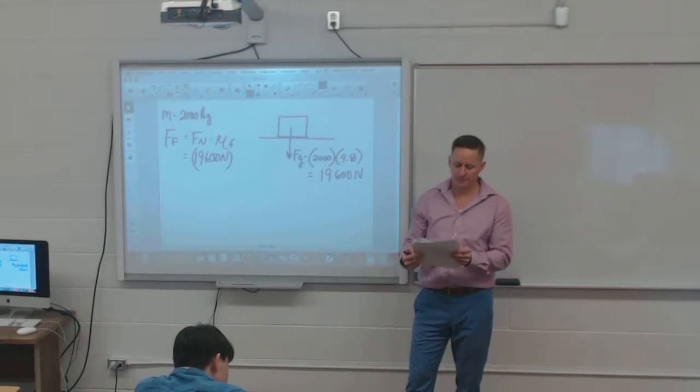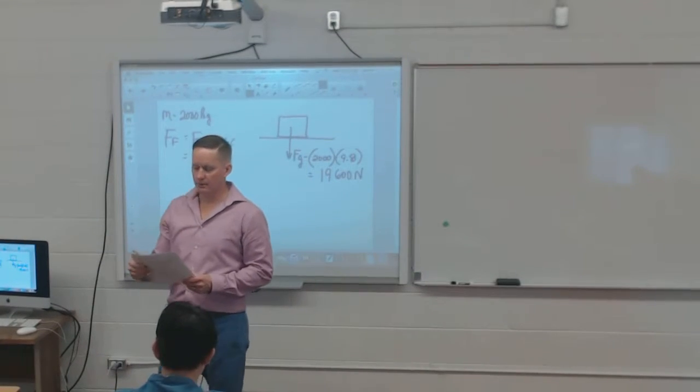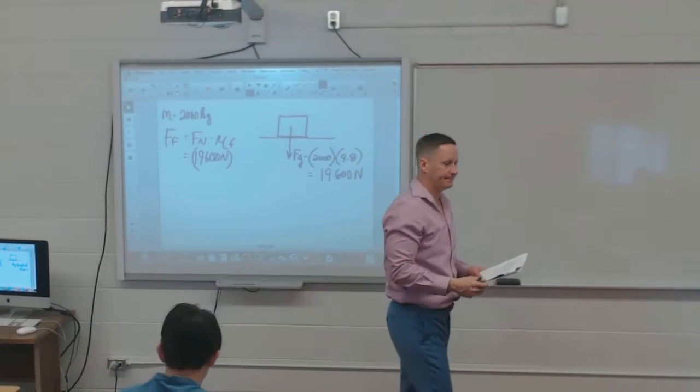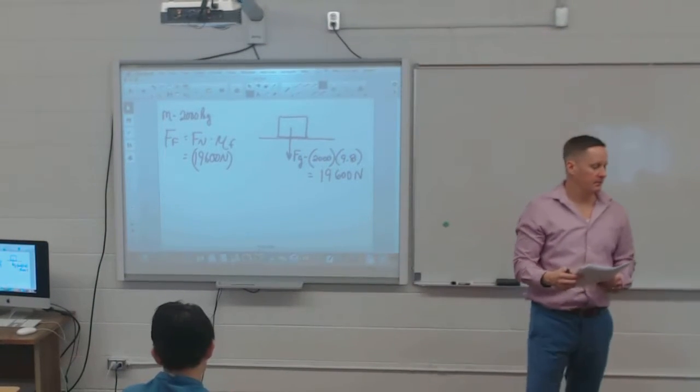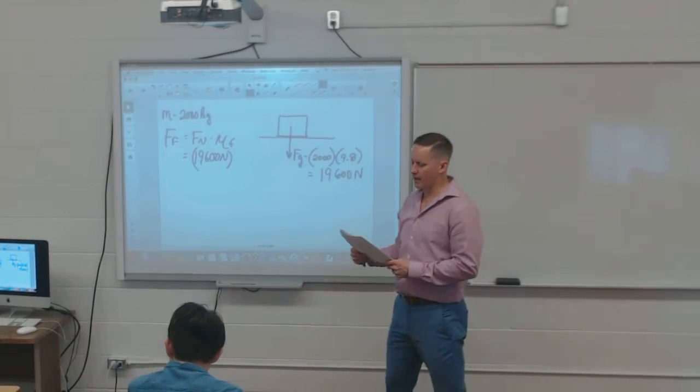What are we looking for here? Go to your chart on the page before, at the top of the page. Look at that chart. What are we talking about here?